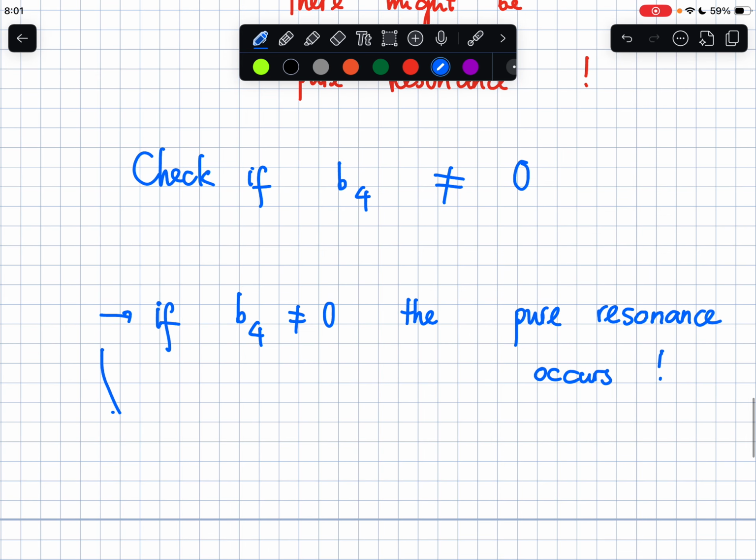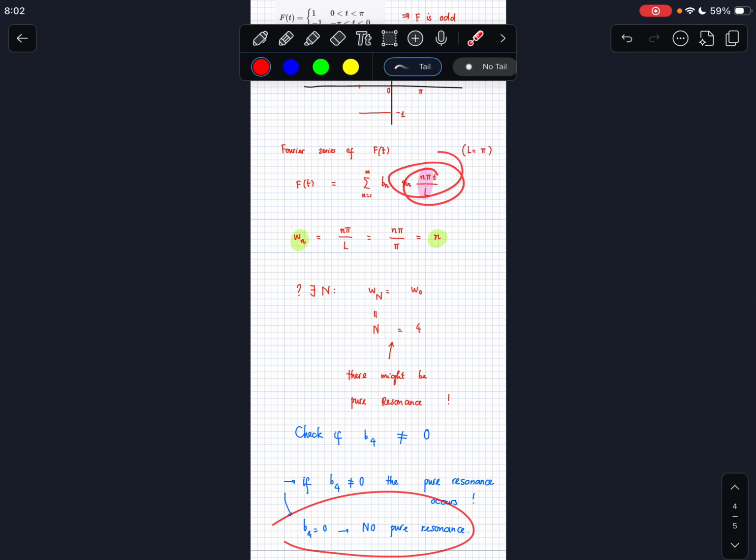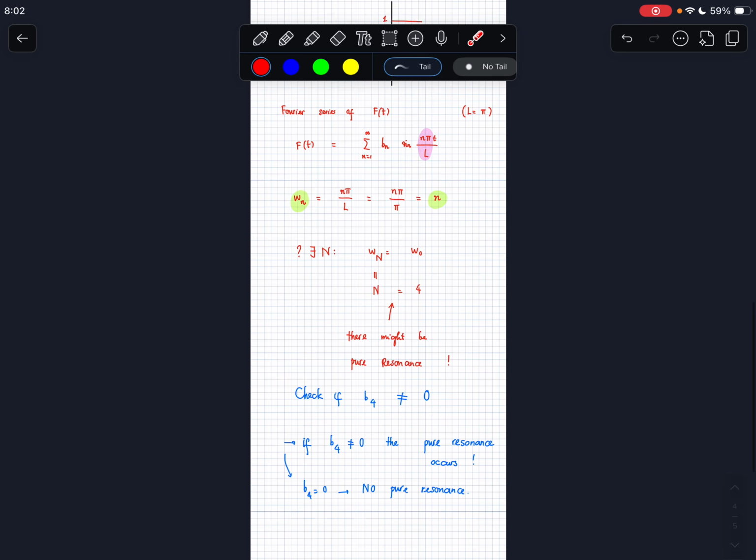And if b_4 is equal to 0, no pure resonance. If it is 0, there is no such wave appearing in the force at all, so that means we don't have this match.